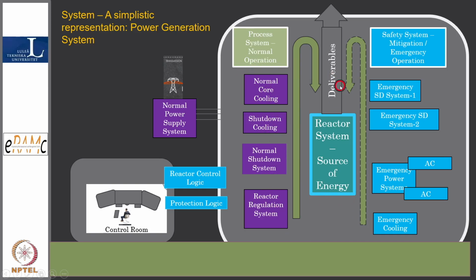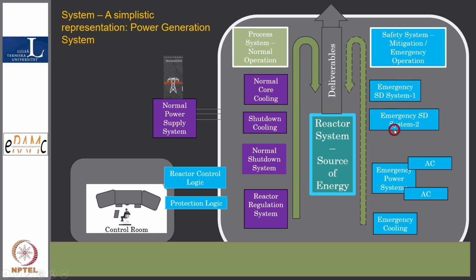Now, the other side is the safety system, or mitigation. So, the emergency shutdown system: when we are not able to shut down through the normal system, then the emergency shutdown system comes into the picture. This is the secondary category, which we call safety system.